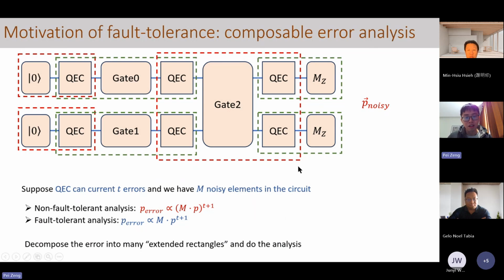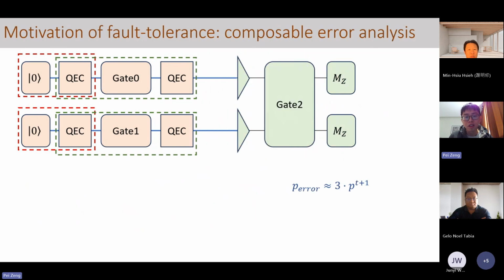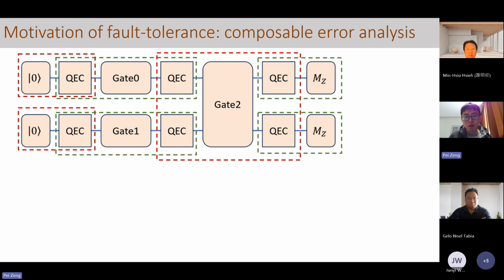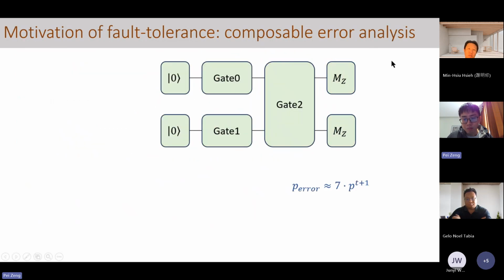The basic idea is that we gradually replace each noisy dashed box with an ideal box, and in this way we can reduce the noisy circuit to the ideal circuit, still with a small error rate.